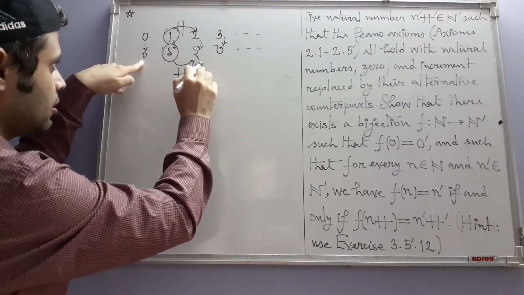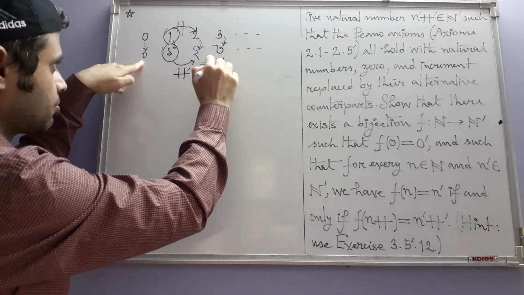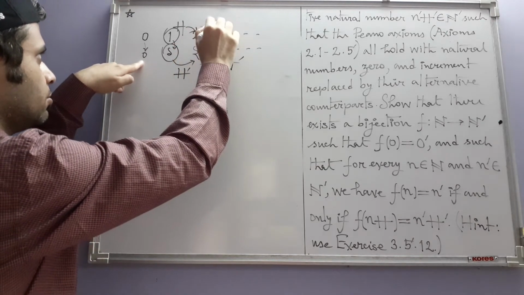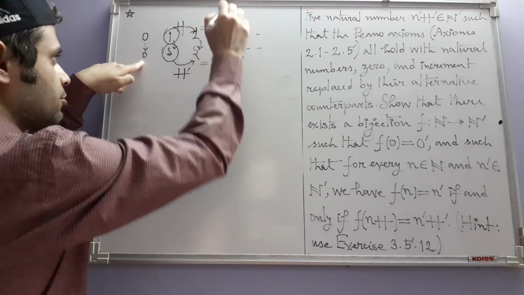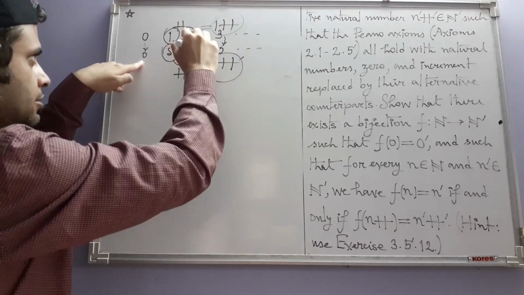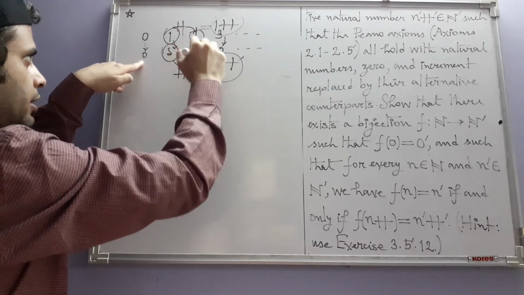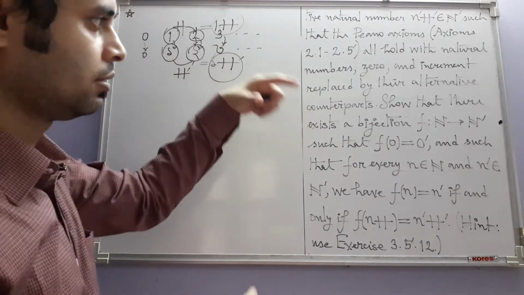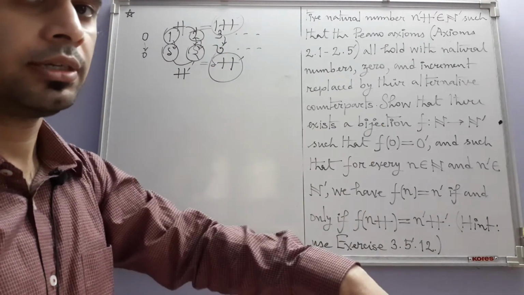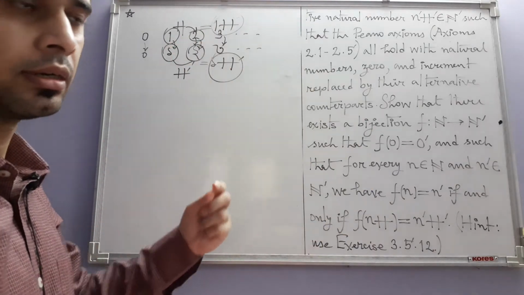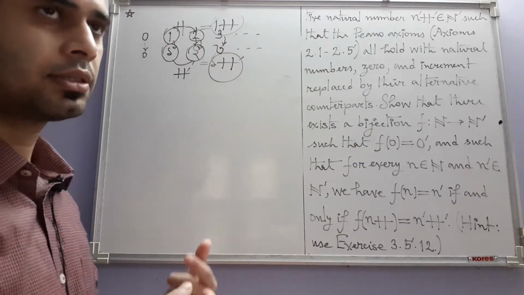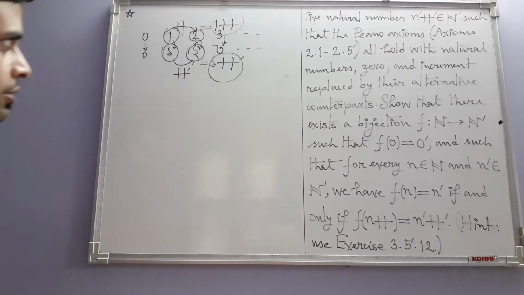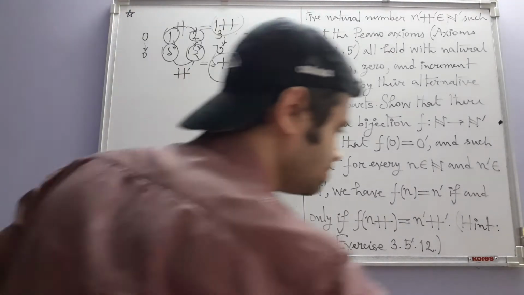So this is equal to this, and 2 is equal to dui, then they also correspond to each other. And this is true for any pair of ordinary natural number and alternative natural number that correspond to each other. If they correspond, their successors have to correspond, and conversely. Okay, so this is what we have to show.